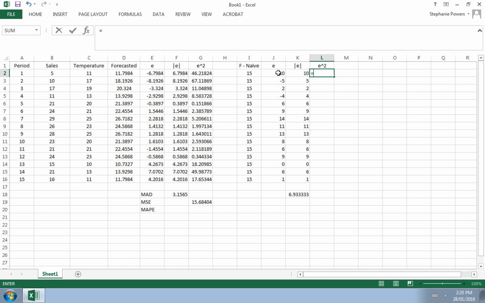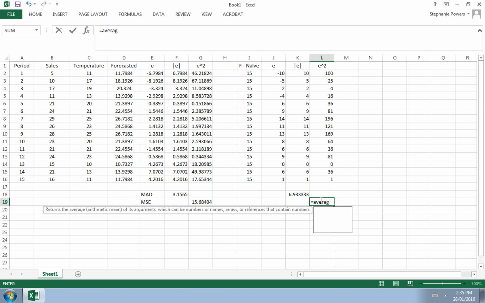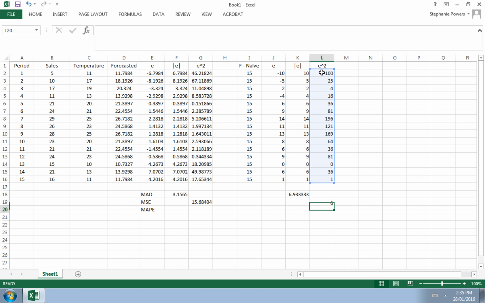And here we are going to take the error from forecasting using our naive approach, squaring that, dragging that down to represent all the forecasts, and finding the average. So we can see that the mean squared error is larger for the naive approach than it is for our associative model, telling us the associative model fits better than the naive.